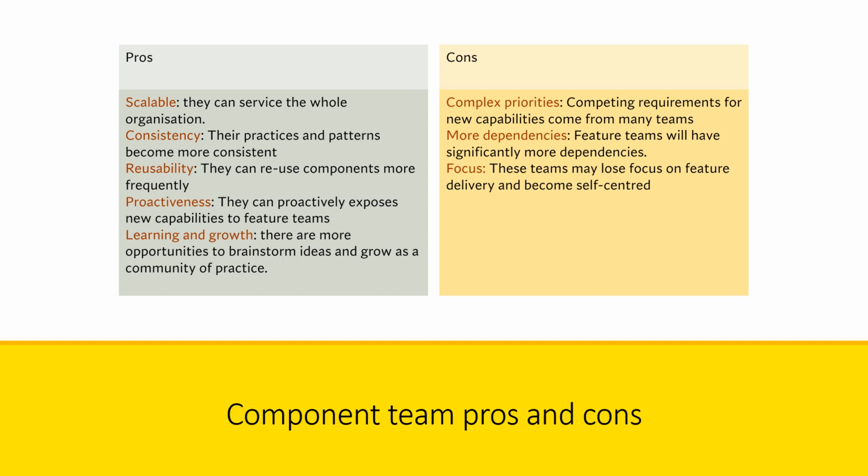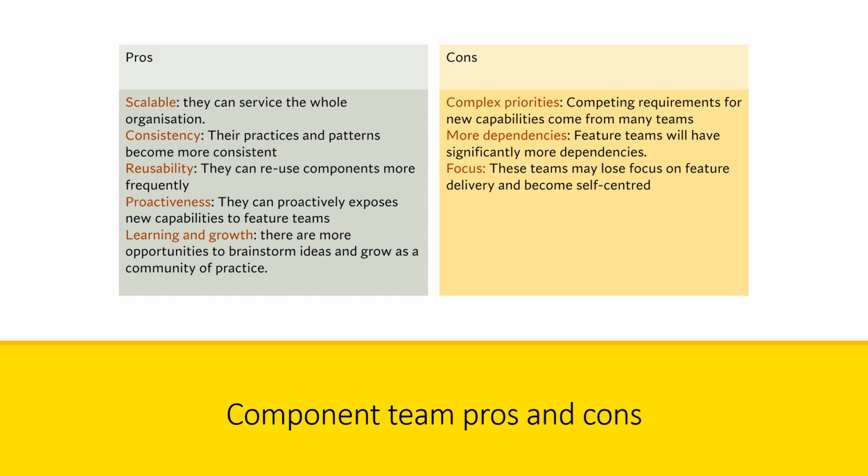They basically just need more resources and a lot of maintenance and support. They're going to be more consistent because they will be operating like a community of practice, and therefore their practices and design patterns and stuff are going to be more consistent.